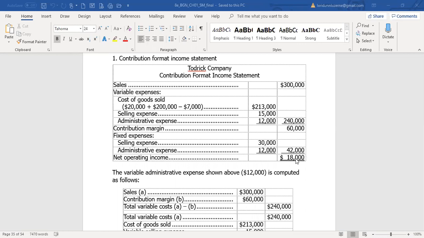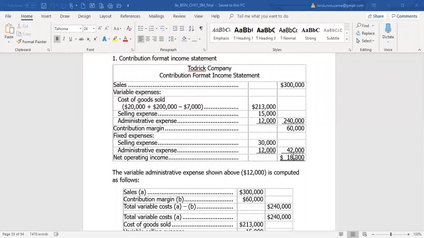We also know our net operating income, that's given. So we know our contribution margin, we know our net operating income. If we subtract net operating income from contribution margin, that tells us how much our fixed expenses are. Why? Because you have to subtract fixed expenses from your contribution margin.